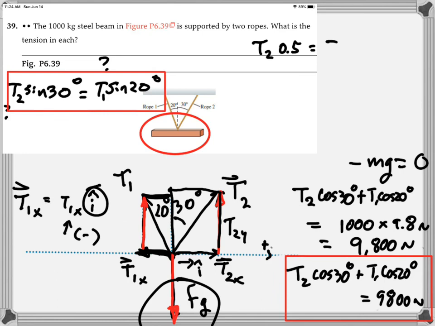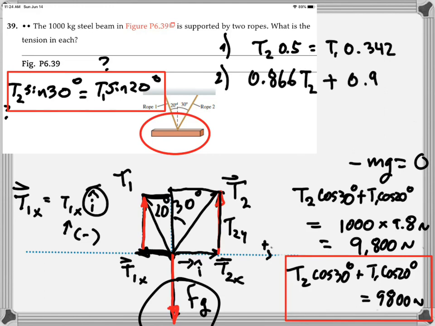So we basically have a system of two equations with two unknowns. So now it's time to pull out your calculator and replace the angles and find the sines and the cosines that we need. So for the first equation, T2 sine 30 degrees, we're going to write it as T2 times sine of 30, which is 0.5. So T2 times 0.5 equals T1 sine of 20 degrees, which is 0.342.